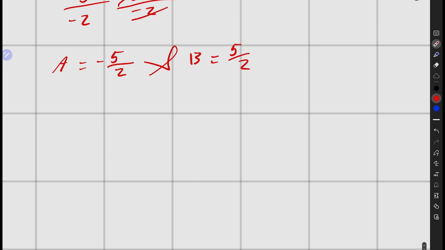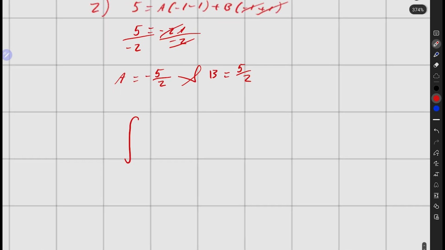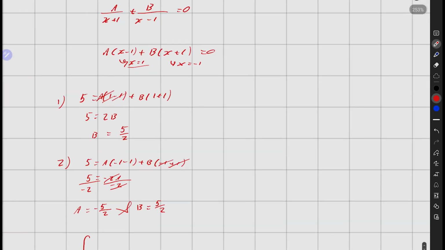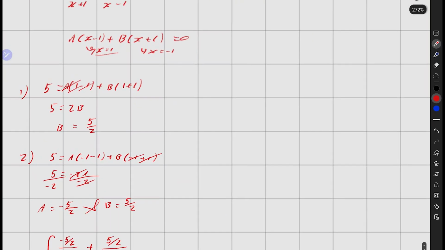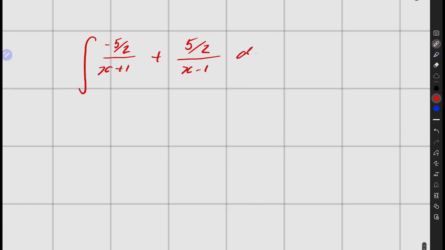So now, again, same process. Let's rewrite the integral with our new equivalent fraction. So we had a divided by x plus 1, minus 5 on 2 divided by x plus 1, plus b is 5 on 2, and for b, x minus 1, dx.